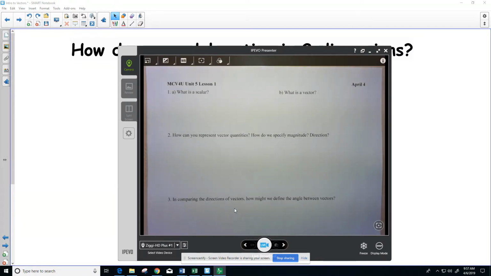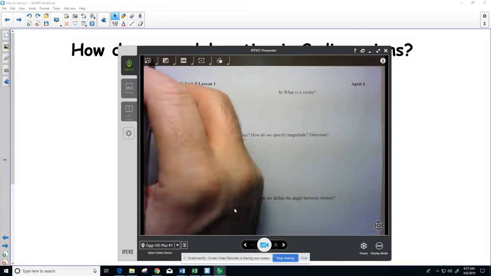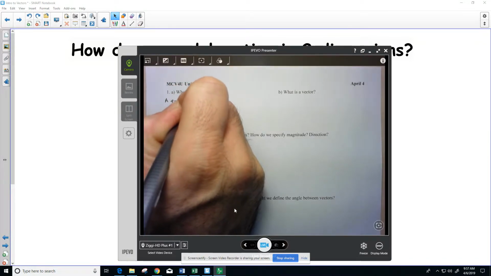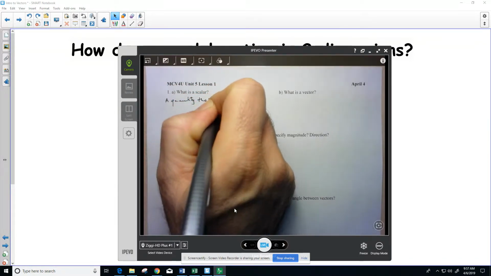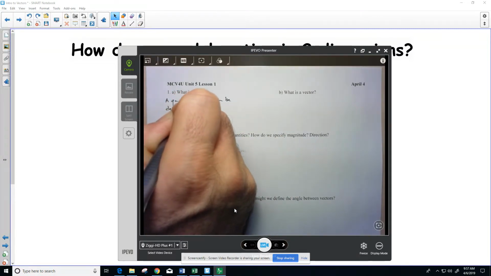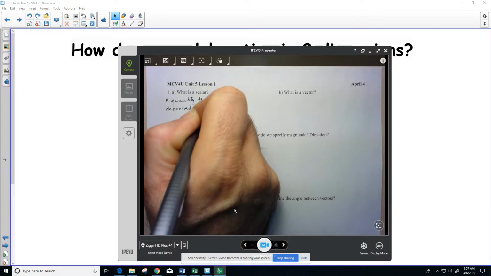Okay, so a scalar, let's write this out here. A scalar is a quantity that can be described with a number alone.